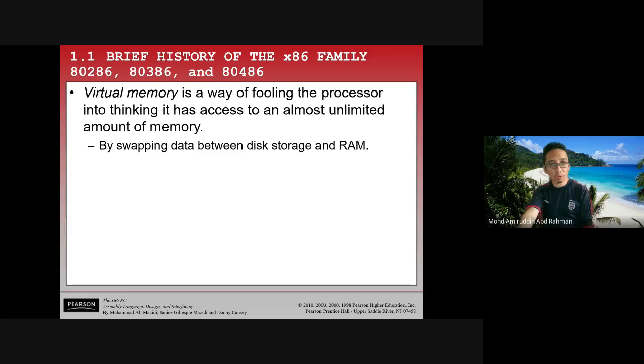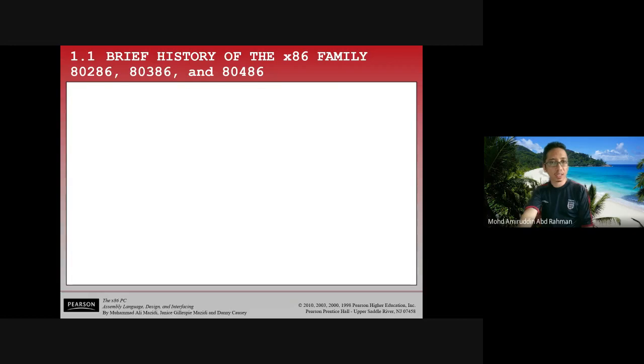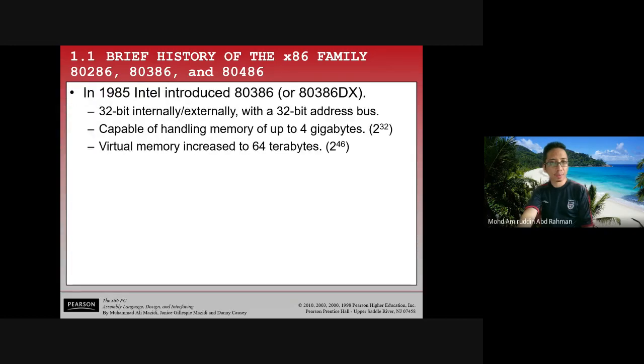Virtual memory is a way of fooling the processor into thinking that it has access to an almost unlimited amount of memory by swapping the data between the storage and RAM. So that was one function of the 8286 microprocessor.